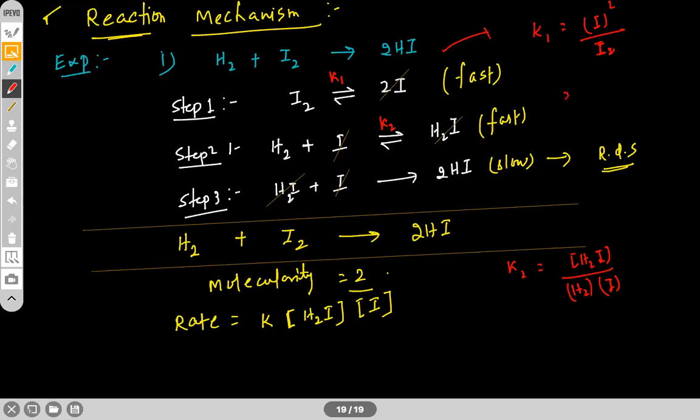So what is I from this? I equals the root of K1 into I2. Now when you substitute this here, we get H2I equals H2 into K2 into the root of K1 I2.